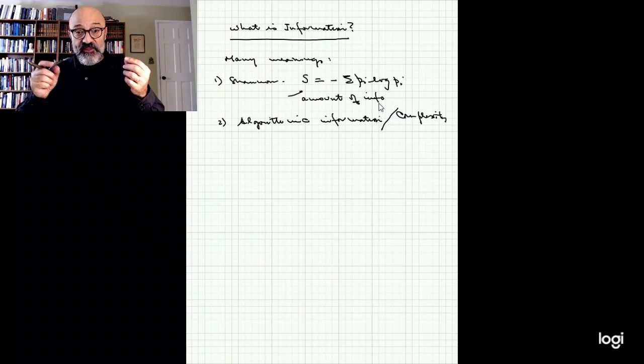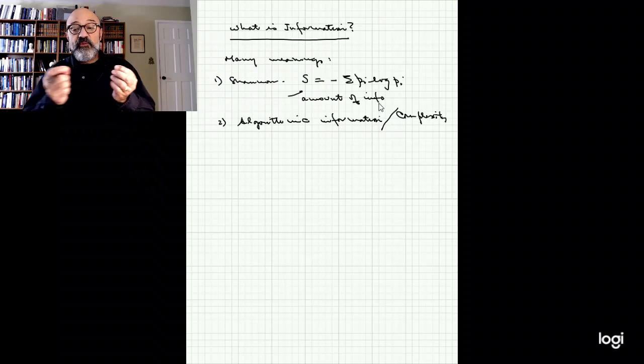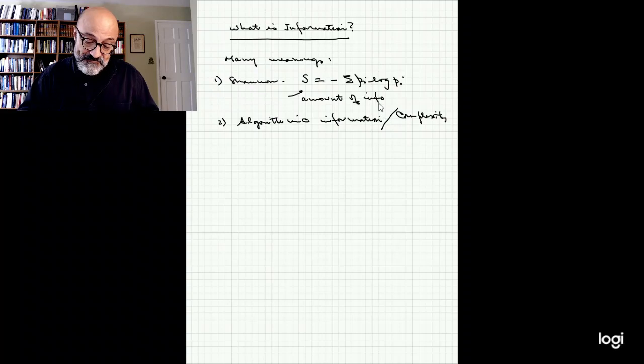It has to do with the complexity of a sequence of zeros and ones. We're not going to talk about it. There may be some connection to the stuff that we're going to be doing, because at some point or another you do end up always getting sums of p_i log p_i. But really the connection to the relative entropy that we're going to be discussing is at this point not sufficiently explored.